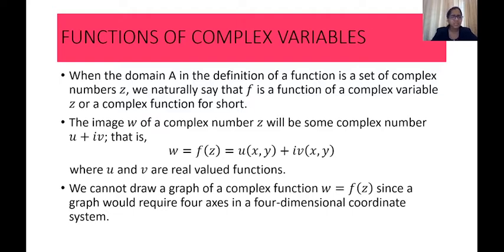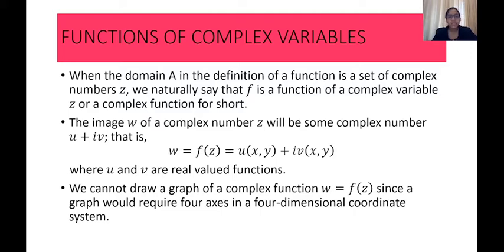Pretty much the definitions and everything are the same, but when the domain A in the definition of a function is a set of complex numbers, we say that f is a function of complex variable. That is, f is acting on complex numbers. So we naturally call it a function of complex variable or a complex function.